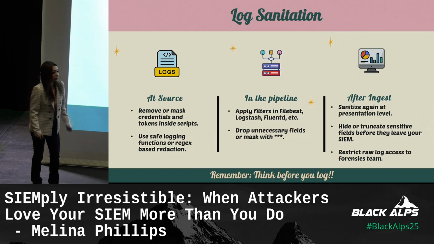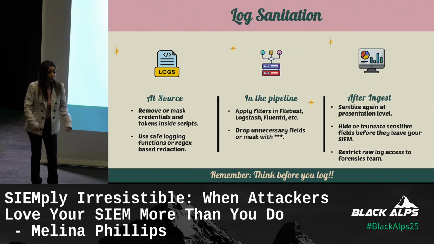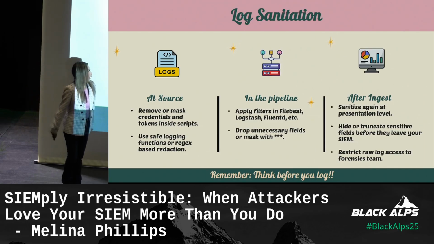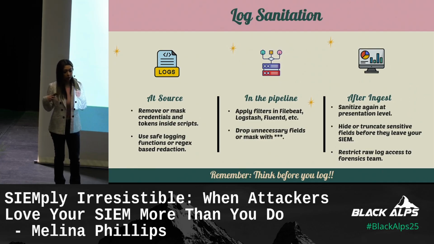This is why I say it's important to sanitize your logs at source. If you have no actual reason to be running a hard-coded password in there, simply don't do it. Or try to use safe logging functions or regex. In the pipeline, apply filters in Filebeat or whatever log shipper you're using.